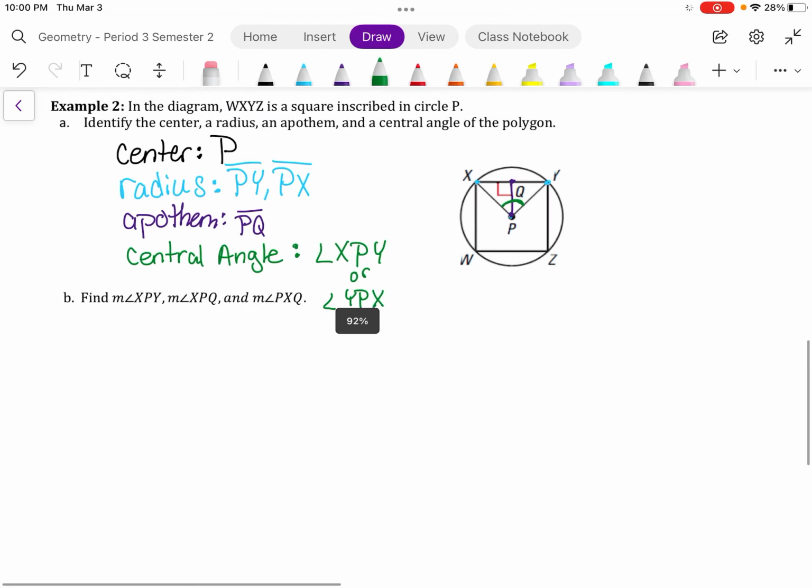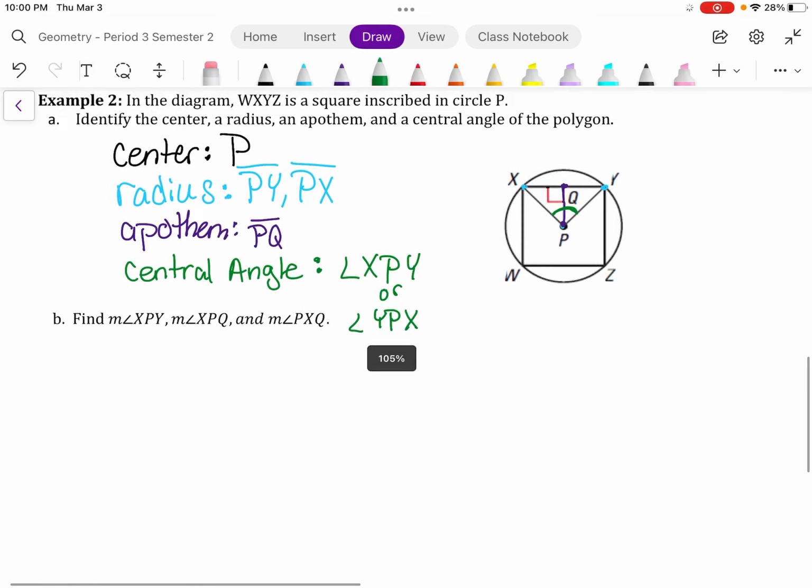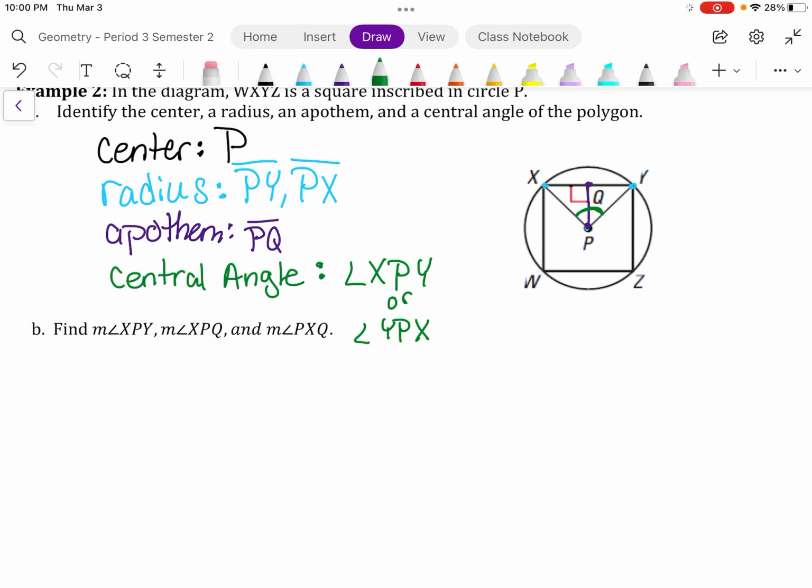Next, we are going to find the measure of these different angles. And this one would be the measure of XPY, which is our central angle. And remember, there are 4 of those that could be formed in our polygon.